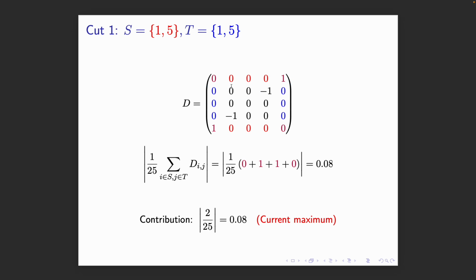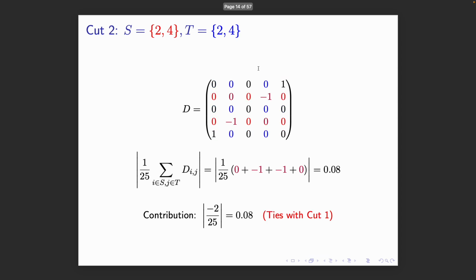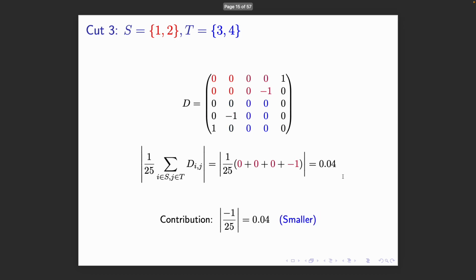So this is the cut we get for these particular subsets of n, but we're going to maximize over all possible subsets. If we instead take row 2 and row 4, column 2 and column 4, we actually get the same value. However, if we take row 1 and row 2, column 3 and column 4, it's smaller.